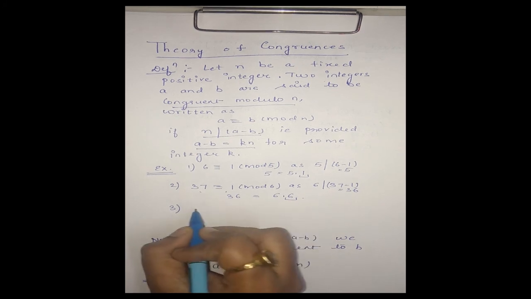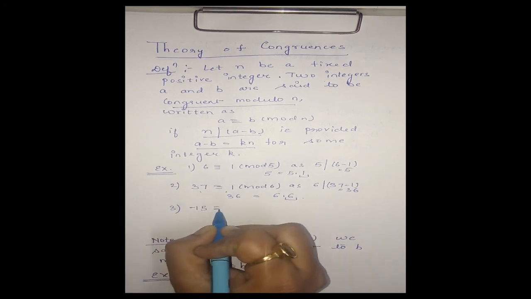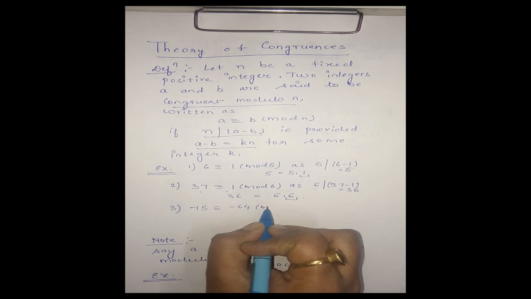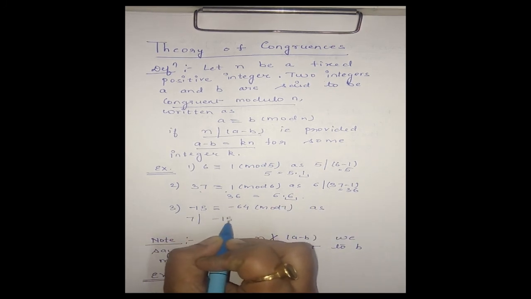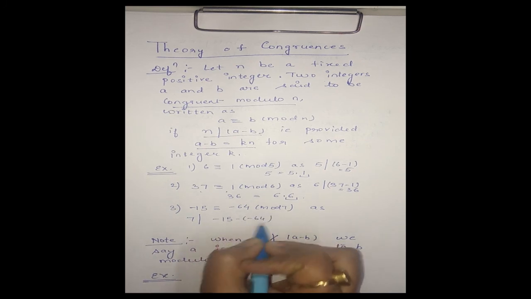Third, minus 15 is congruent to minus 64 modulo 7 as 7 divides minus 15 minus of minus 64.